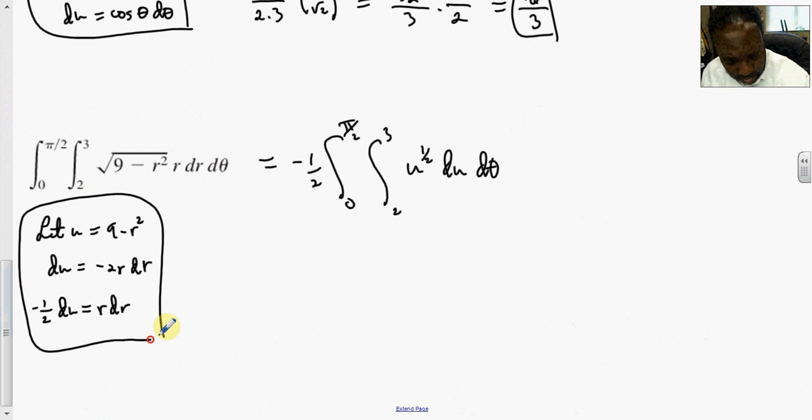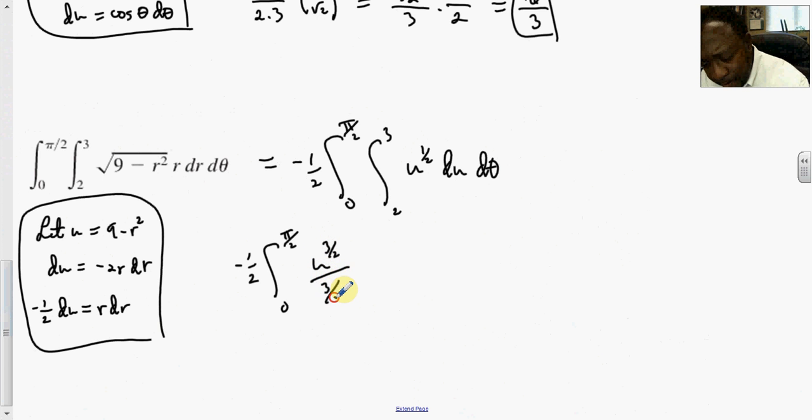Let's close that up. So we integrate with respect to u. So that gives us u to the 1/2 plus 1 is 3/2. So we have negative 1/2 here, the integral from 0 to pi over 2. And this becomes u to the 3/2 divided by 3/2. Now the r was going to be evaluated from 2 to 3.